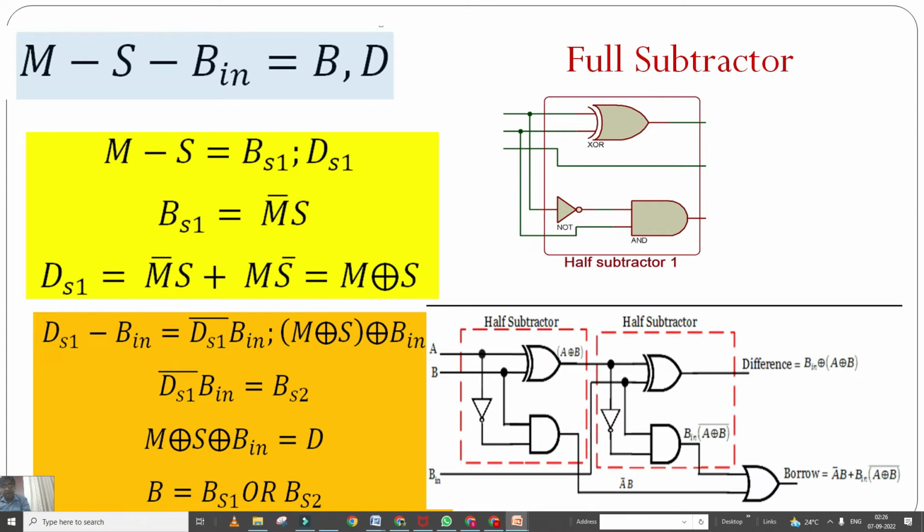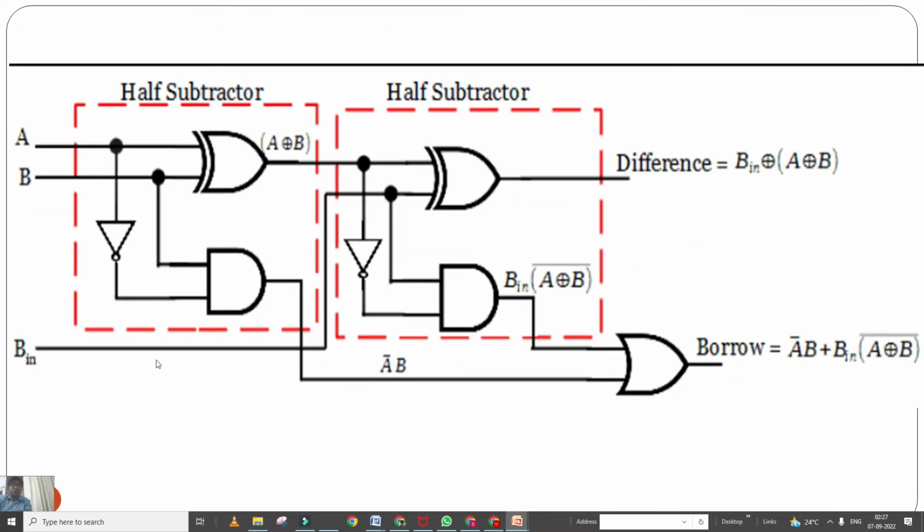In case of a half subtractor, the previous borrow, that is the borrow in, is not considered. Means we just subtract between these two numbers, A and B. Obviously A is the minuend because we use here the NOT gate, and the output of this XOR gate is fed to the half subtractor in cascade connection.